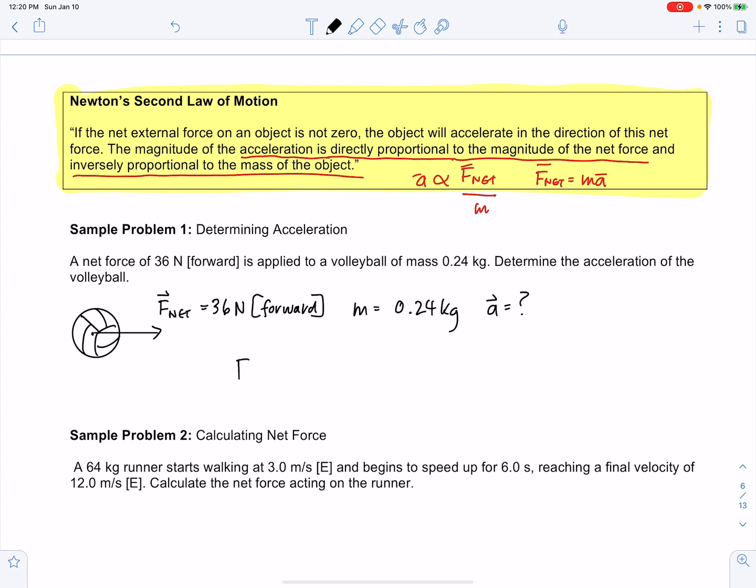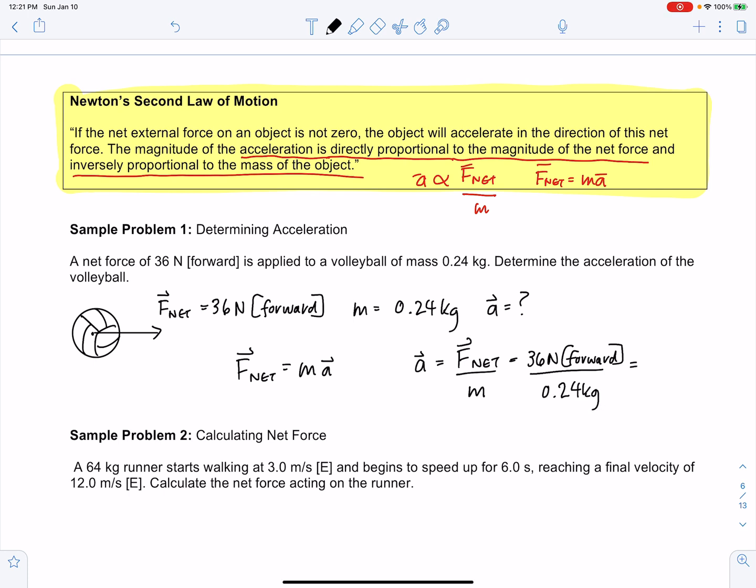So we know that the net force is equal to mass times acceleration, and acceleration is equal to net force divided by mass. If we rearrange that, we end up with 36 newtons forward divided by 0.24 kilograms.